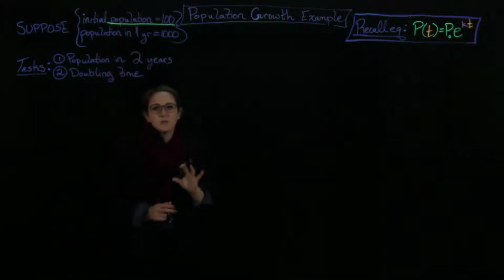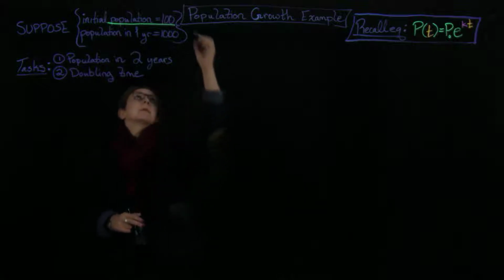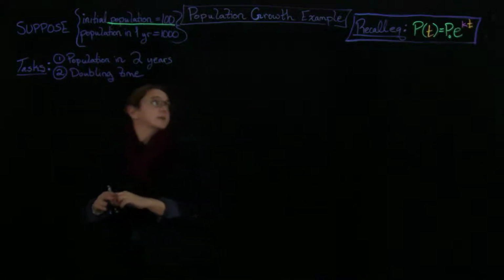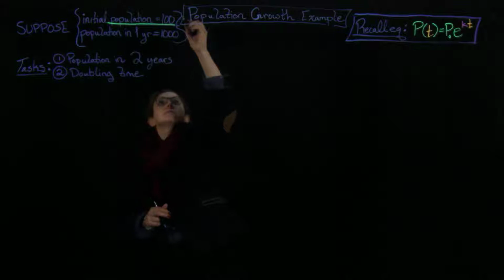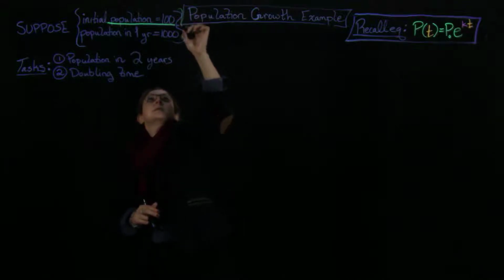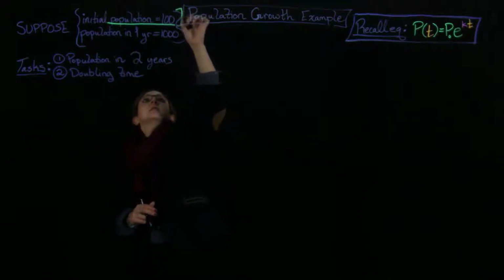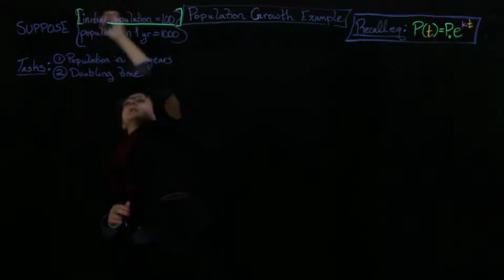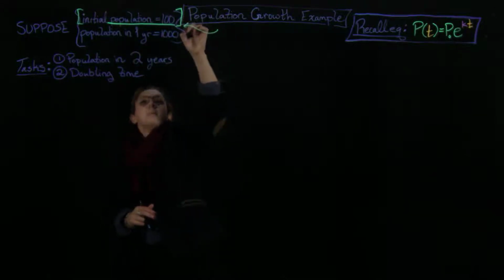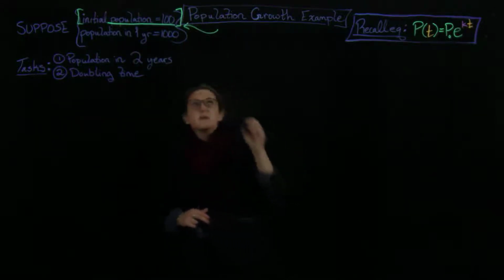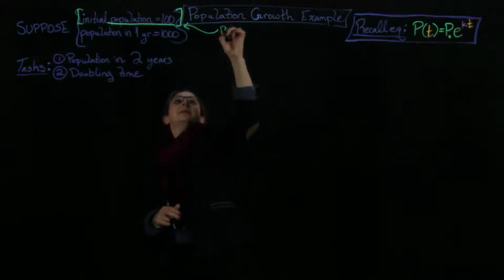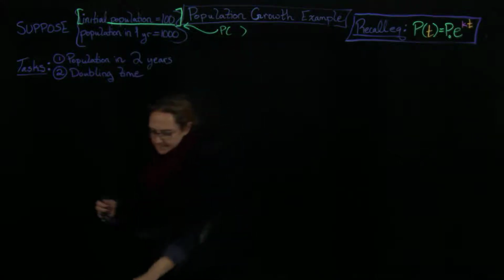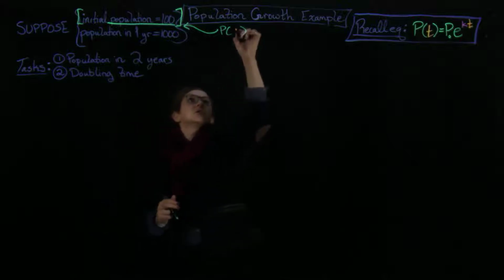So what does it tell me when it says that the initial population is 100? That's just telling me that I have that P of 0, because this is the initial, equals 100.